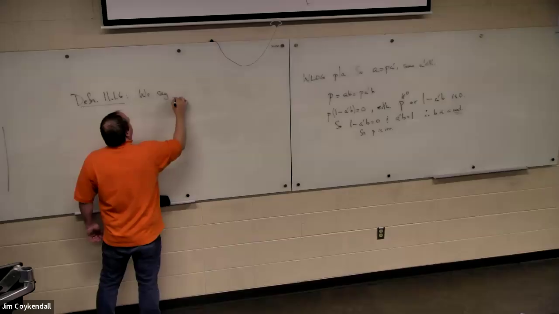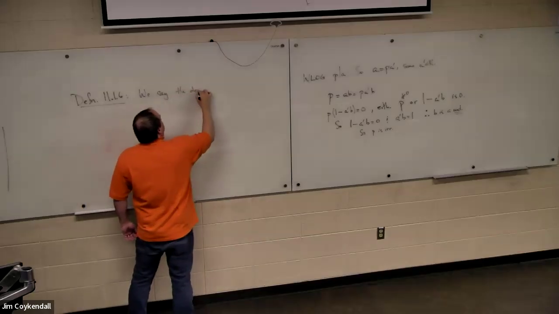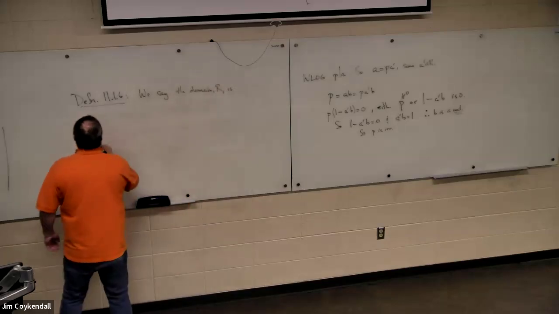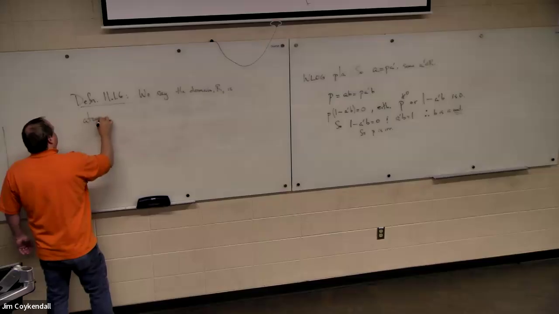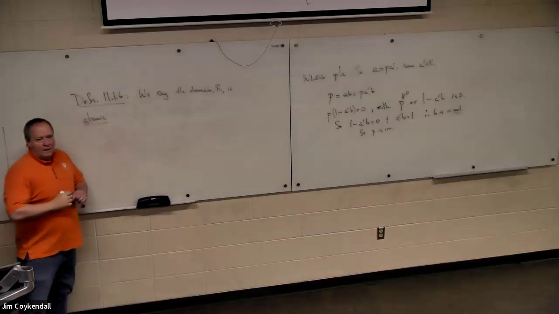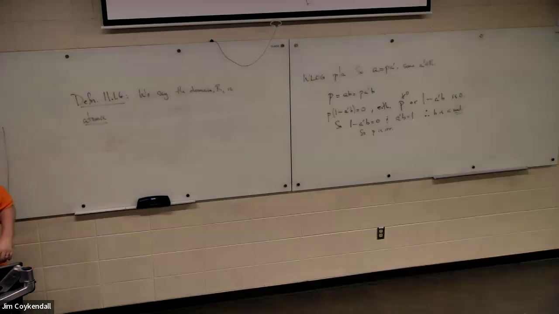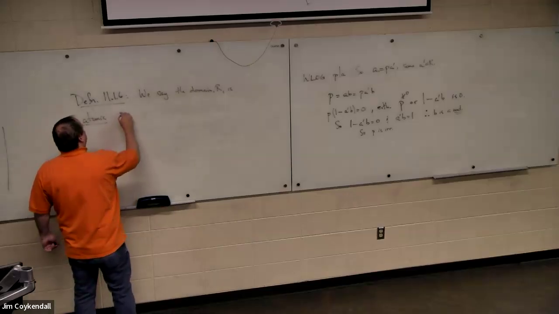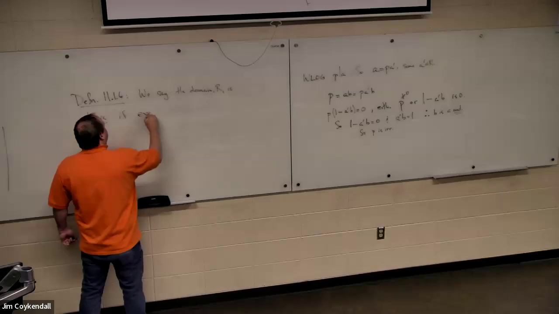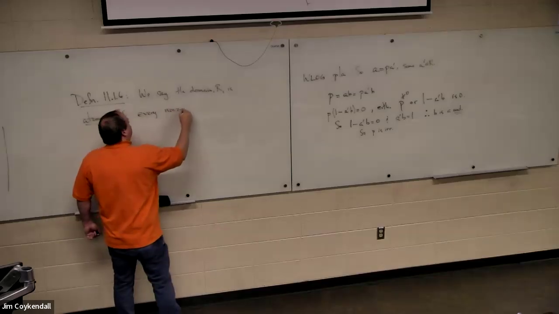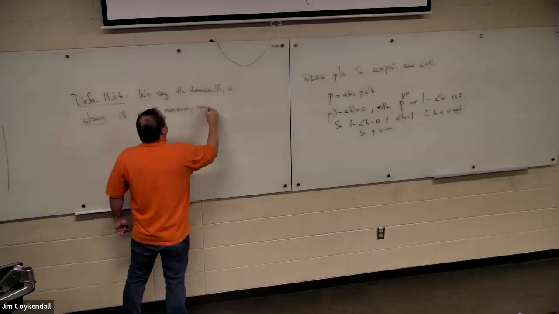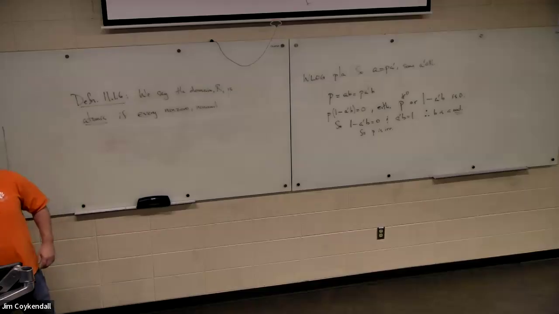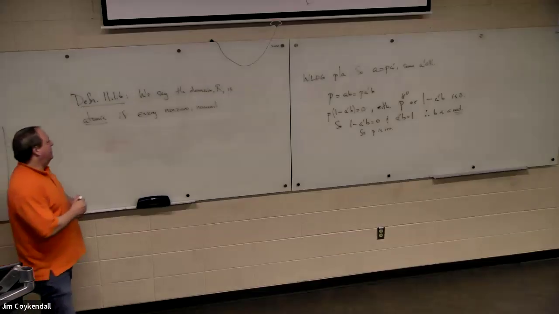You say the domain R is atomic. Well, what does it mean for a domain to be atomic? If every non-zero, non-unit of R can be written as a product of irreducibles.